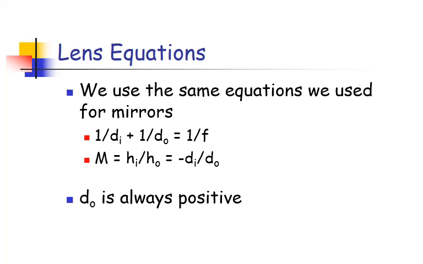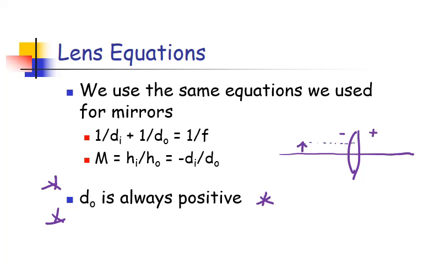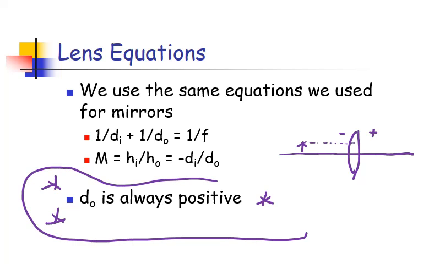One of the critical things here is that DO is always positive. So here's your lens, and the object's located over here, and this is the positive side. Well, it's located on the left-hand side, but the rays are coming from it. But DO, even though the object is on the left-hand side, DO is positive.